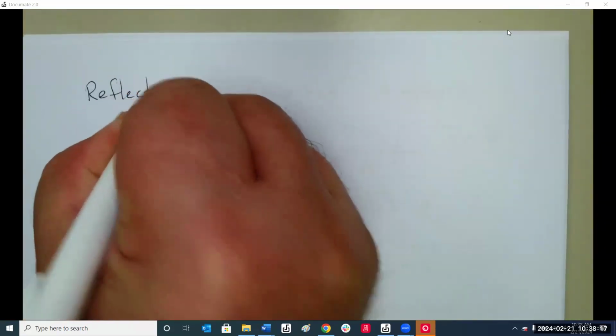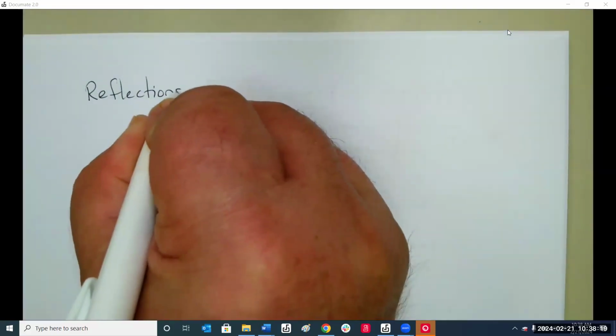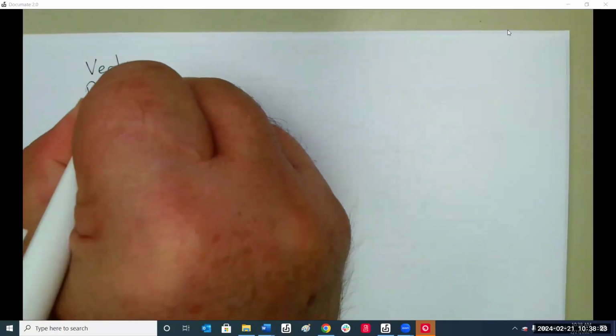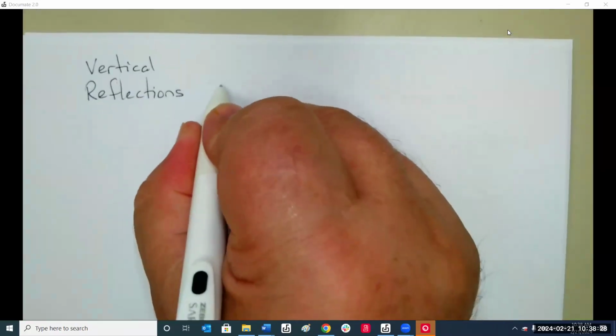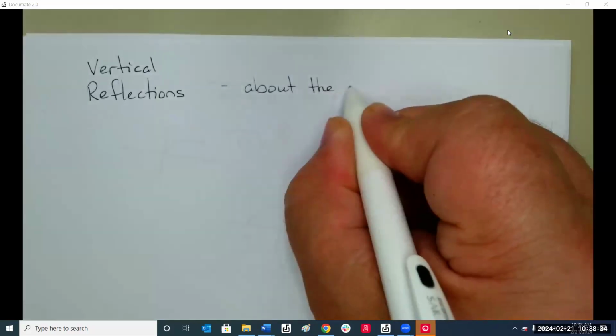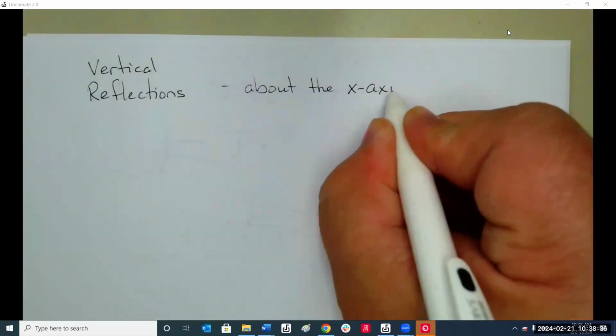Now let's look at reflections about the x-axis. They call these vertical reflections. If they're vertical, it's about the x-axis.